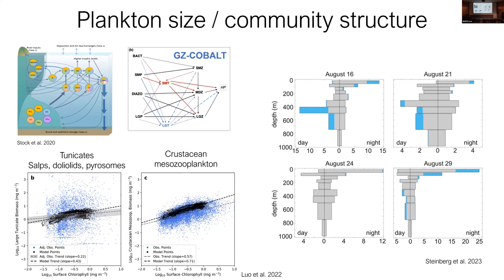I don't want to dominate if somebody else has a question, but if there isn't one, I'll keep going. Do you have a sense of what mechanisms in the model are leading to the appendicularians not responding as strongly? It's a combination of their metabolic rates and their food preferences. Here we have a dominant predation from the large tunicates on very small phytoplankton.